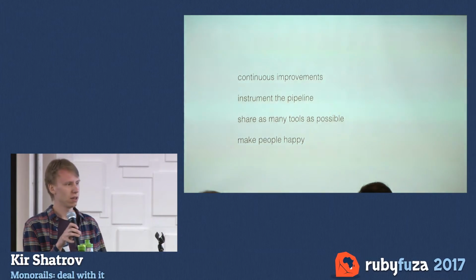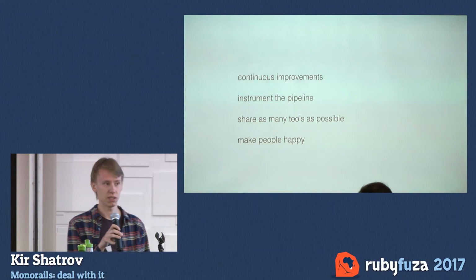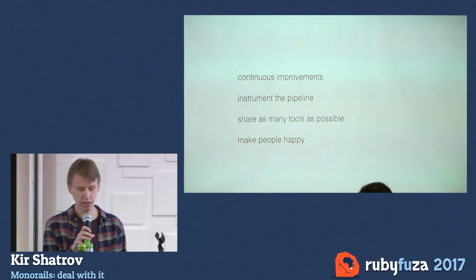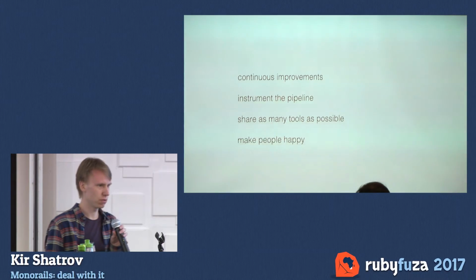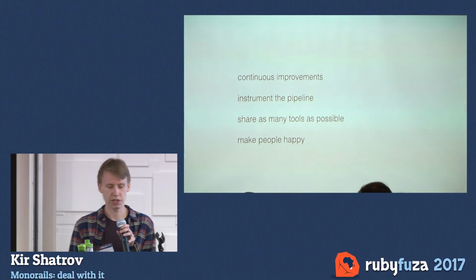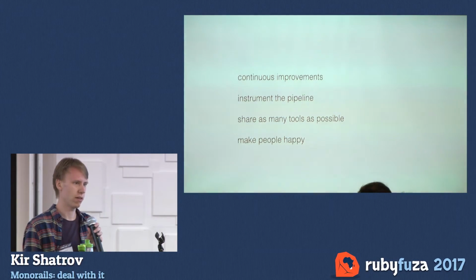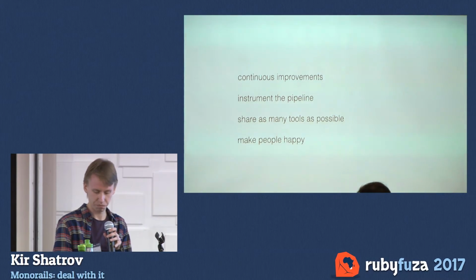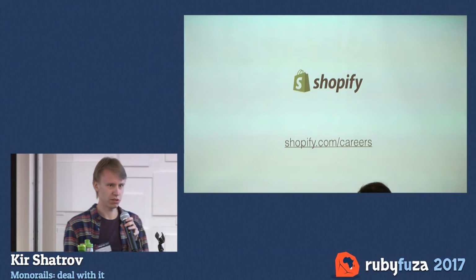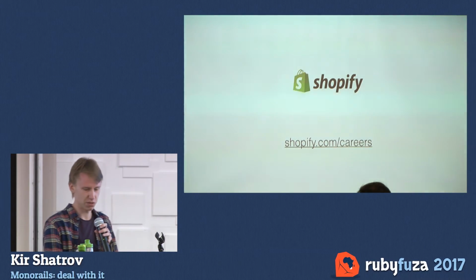And they also become happier when we make our CI faster, because they can iterate faster. And we also really like to share our tools, like that thing that improves require or performance patches into Rails. So you can talk to me if you're more interested in what we're working on.